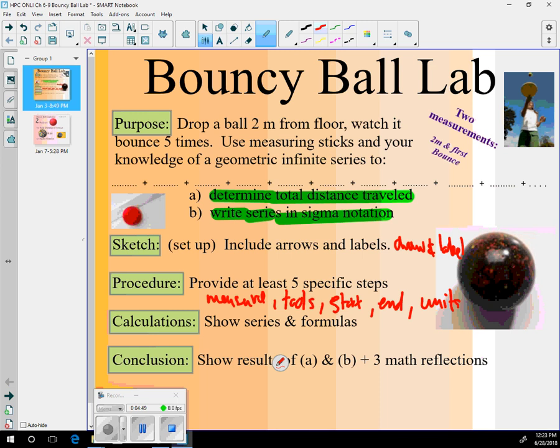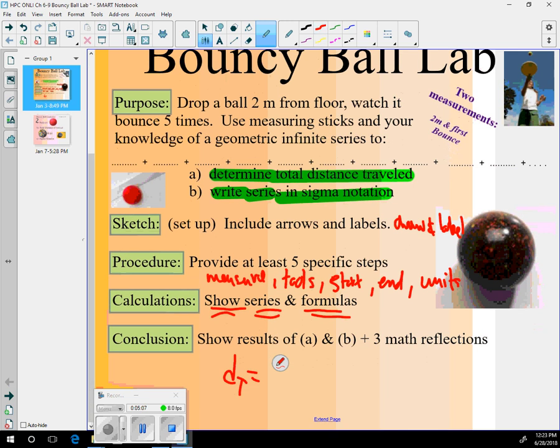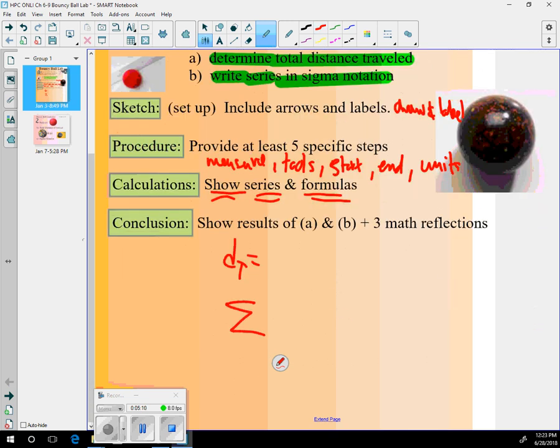Then, for your calculation, show your series, show your formulas, numbers plugged in, steps, and so on. And then I want to see the answer to A. What's the distance total? And part B, what is the sigma notation?